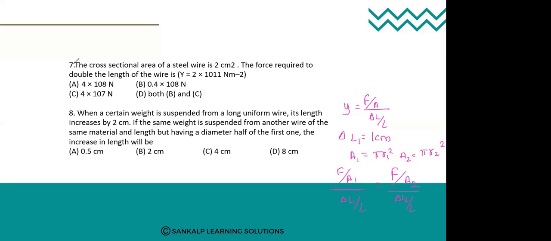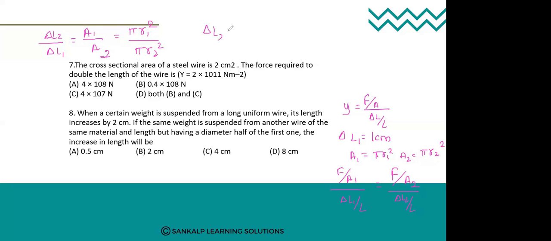So now let us simplify this one. As you can see, the force and the length value will get cancelled. Therefore, we will have delta L2 by delta L1 is equal to A1 divided by A2. Area is nothing but pi r square, so for first one it is pi r1 square, and for second one it is pi r2 square. Again, the pi values will get cancelled.